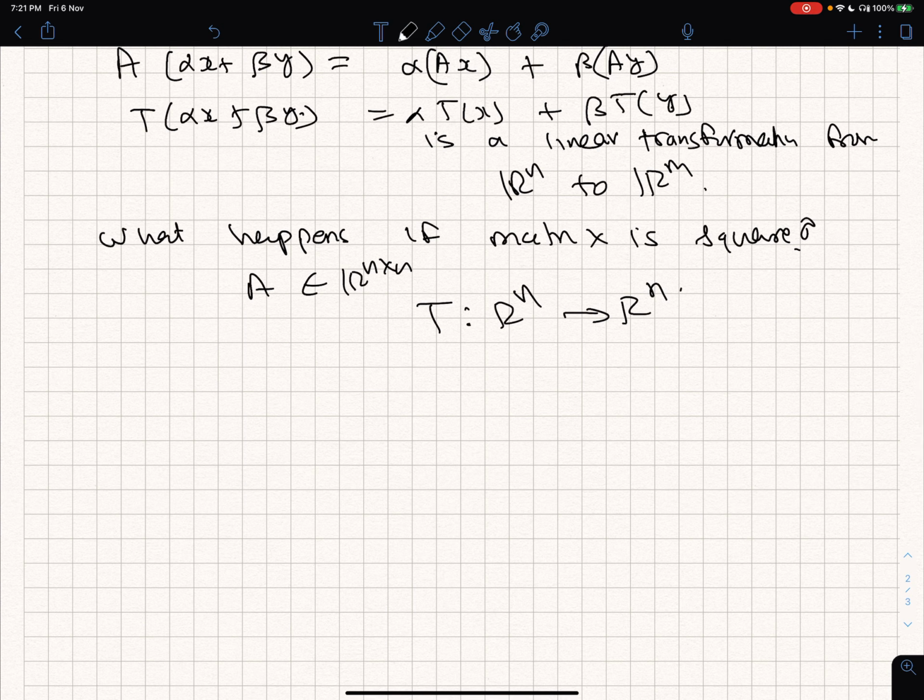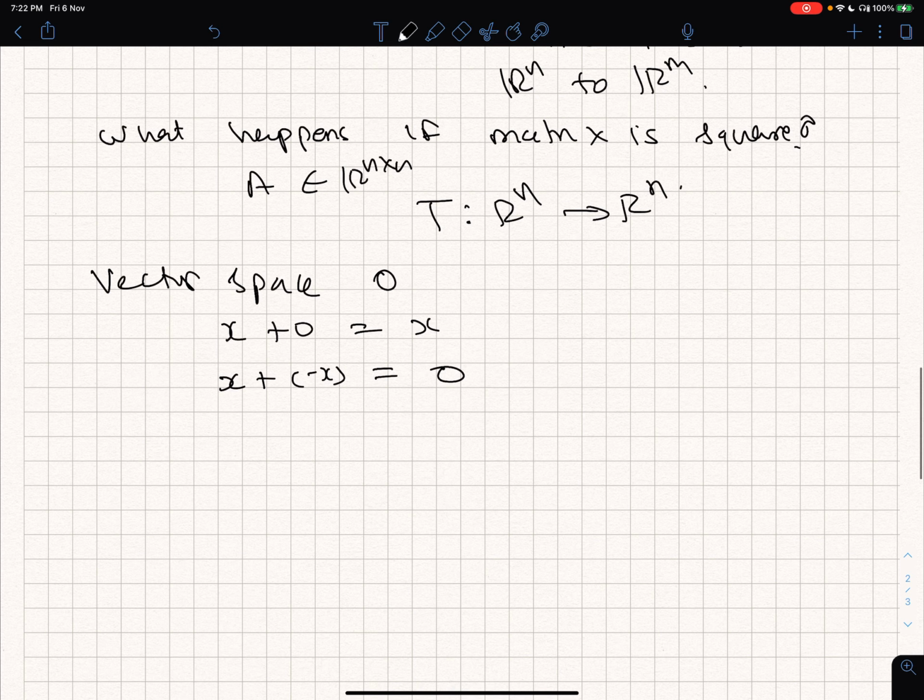Now, vector spaces will always have a zero vector. A zero vector is one such that when you add it to any vector in the vector space, the same vector is retained. Hence, it will also have a minus x vector, so that x plus minus x is also equal to 0.